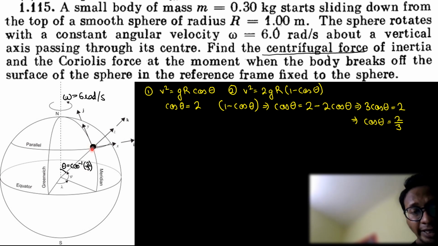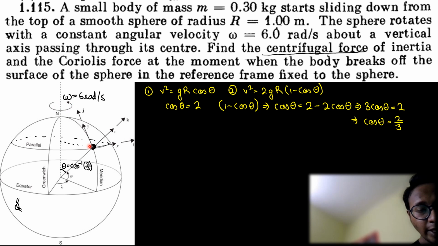Okay, so at this moment when the ball is breaking off, it doesn't matter what the velocity of this particle is, this ball is breaking off, and the sphere is rotating about this axis.